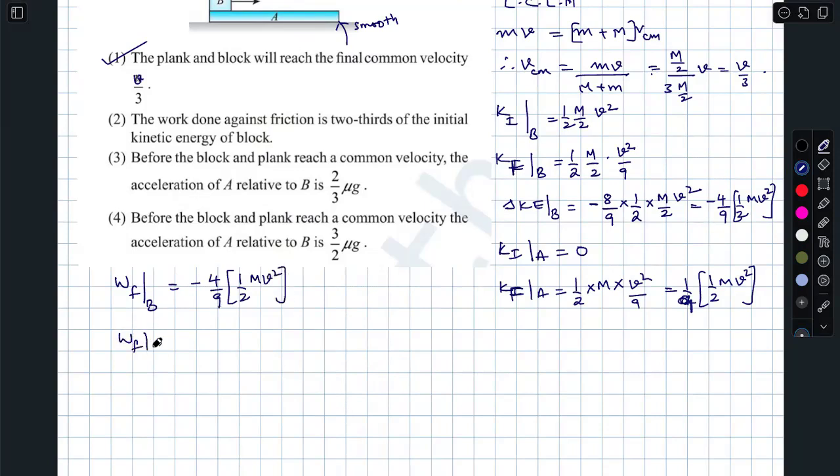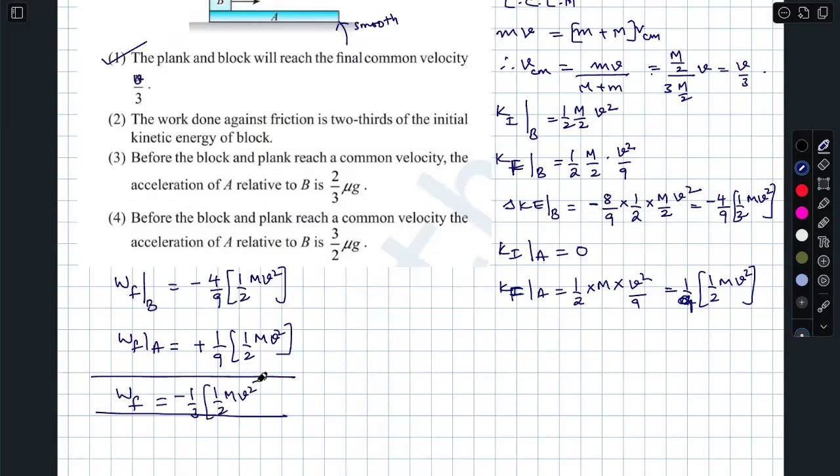Work done by friction on A is plus 1 by 9 times half m v square. So what is the net work done by friction? The net work done by friction is minus 1 by 3 of the sum, half m v square. Of course, net work is negative because there is slipping. And what is the nature of the friction involved in this?